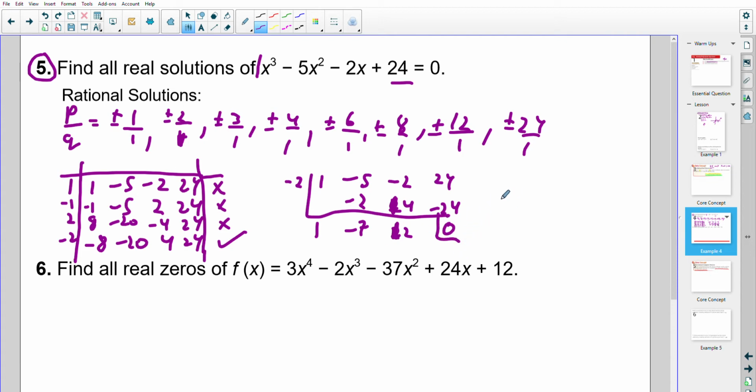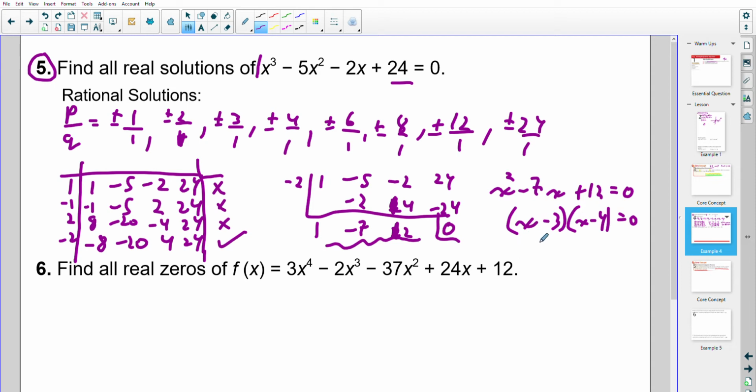That tells me that x squared minus 7x plus 12, which is this right here, that's my remaining polynomial, can also equal to 0. And you can see that when you factor this, you get -3 minus 4, -3x minus 4x is -7x.